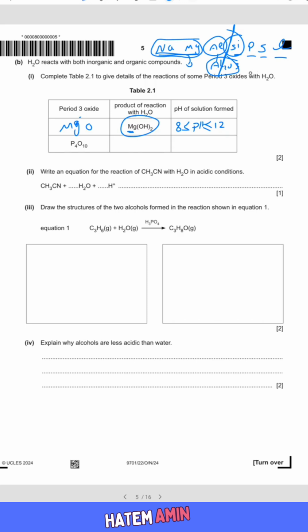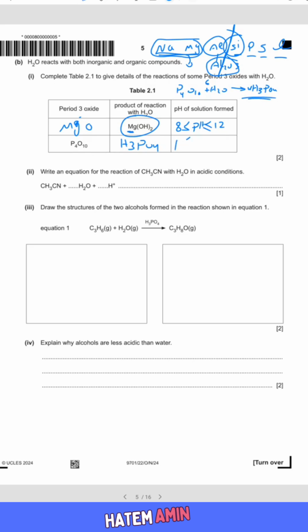Phosphorus, if it reacted with H2O, the reaction will be, for example, P4O10. If it reacted with H2O, it should react with 6H2O to give us 4H3PO4. This is acid. Here it gives us H3PO4, phosphoric acid, which is a very strong acid.